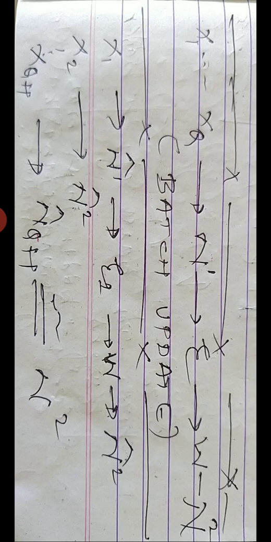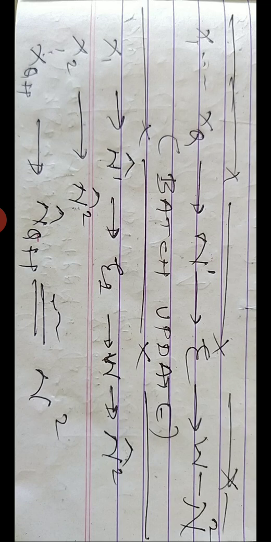This process is done for all the input patterns, that is from x1 to x2, then from x2 we calculate N2 cap, then e2, then w, and again you calculate your N2 square. This is done up until x of q plus 1, until I get N cap of q plus 1. That N cap of q plus 1 is nothing but your N square. So this process is your pattern update.